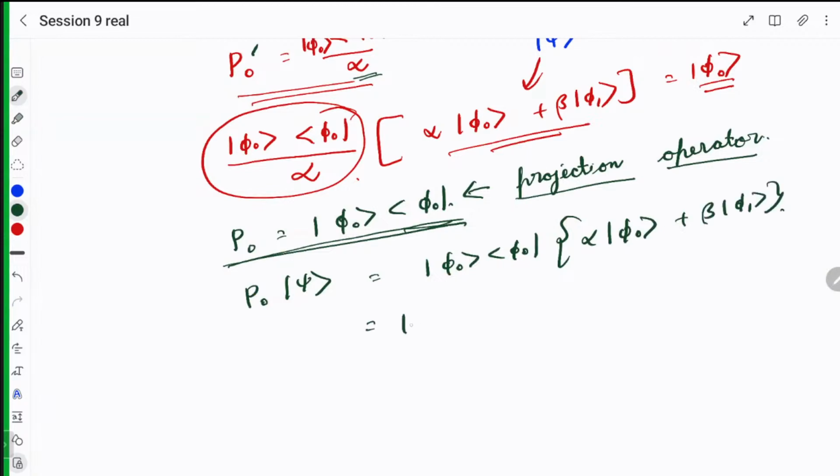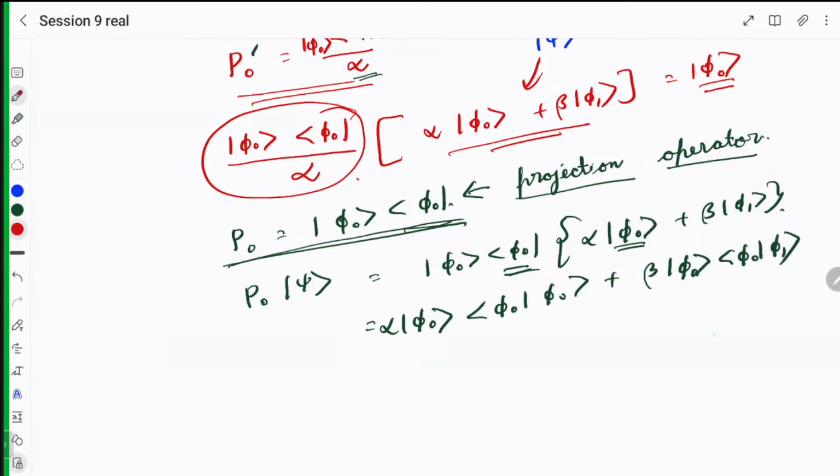So here you would have phi naught, and the first term will be alpha, phi naught inner product phi naught, plus beta, and you have again phi naught here, and phi naught phi 1 inner product. So this will be 1 and this will be 0, and you're just finding alpha phi naught.